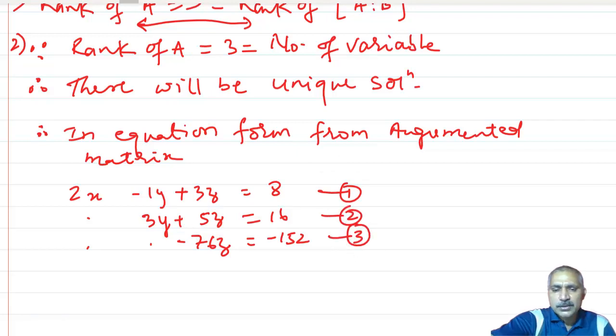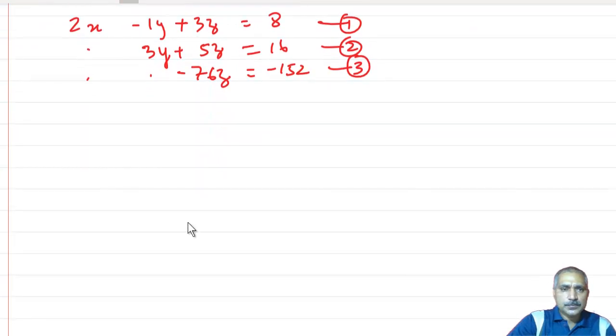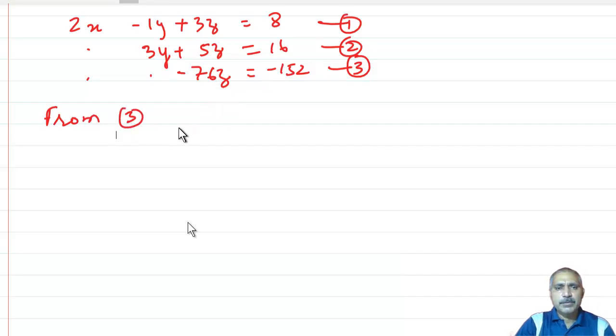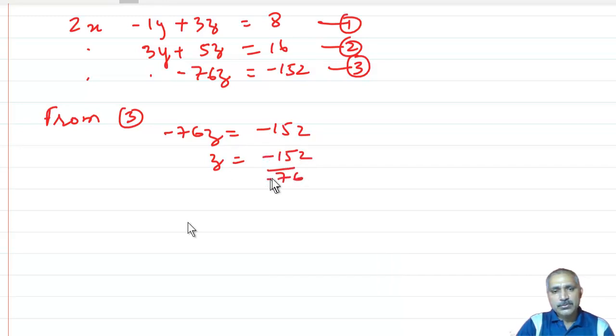Now from the third equation, if we simplify, minus 76z is equal to minus 152, that means z is equal to minus 152 divided by 76 with the minus sign. This answer comes as 2.